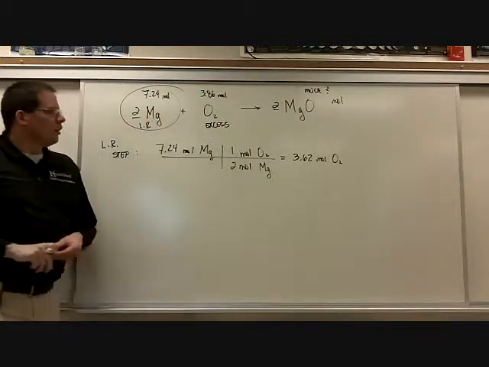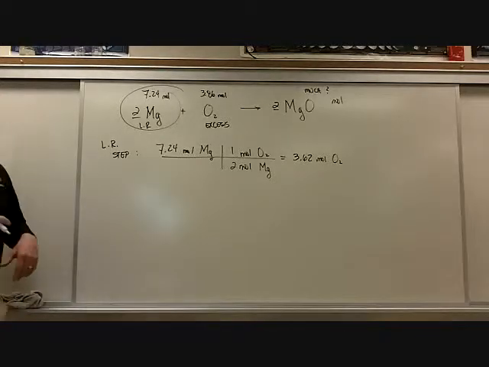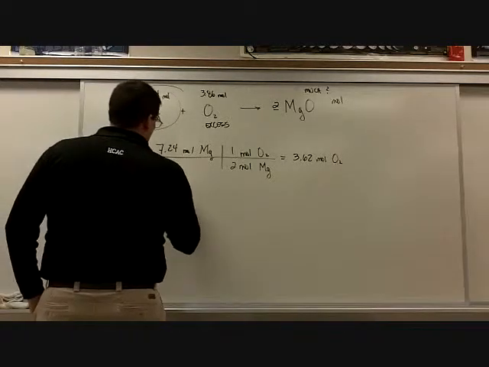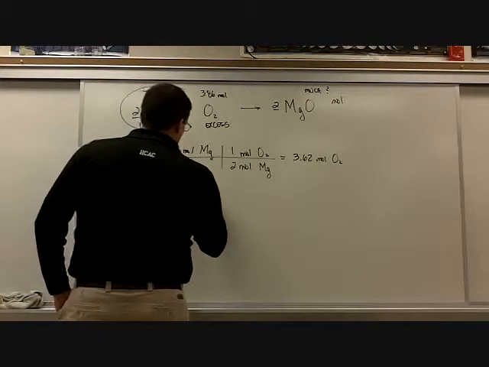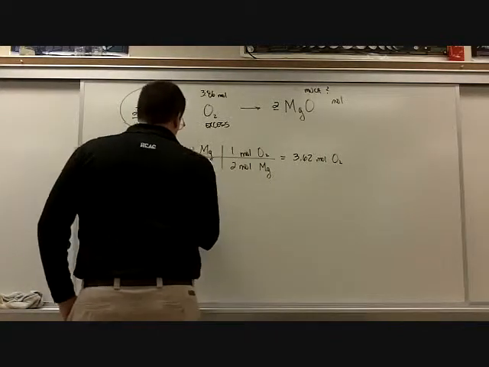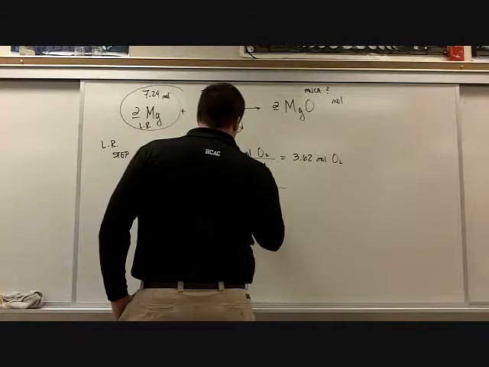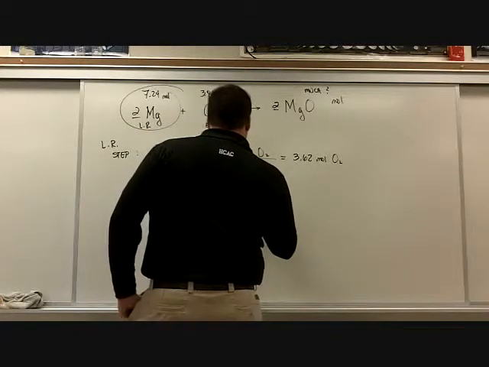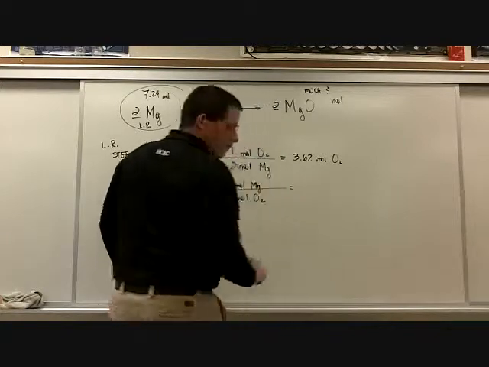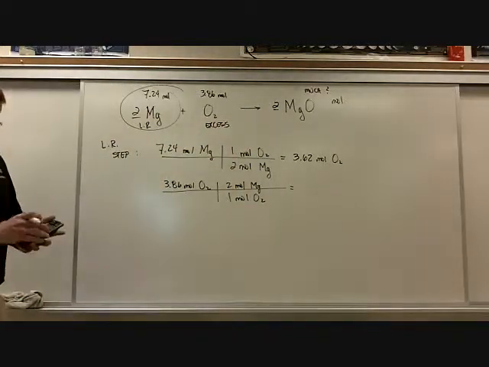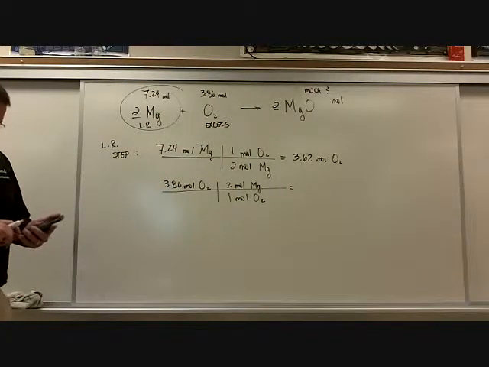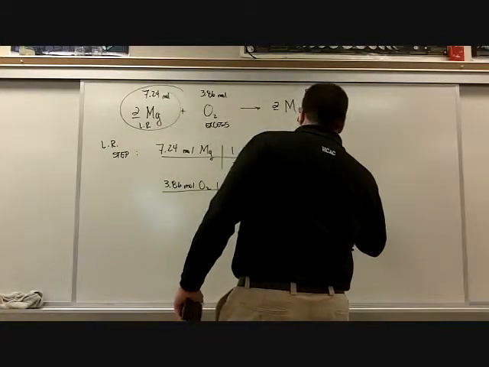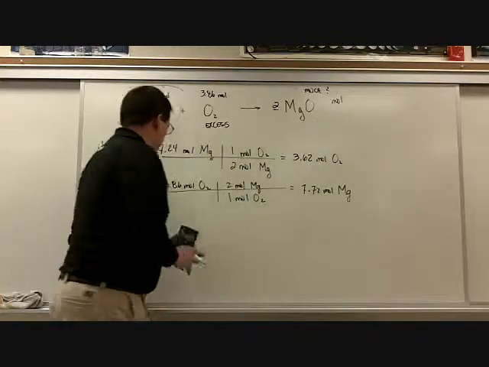Now, if you did it the other way, you wouldn't do it a second way, but if you started with the other one, 1 mole of oxygen, so 3.86 gives 7.72. If you started this way, this is how you would read it.